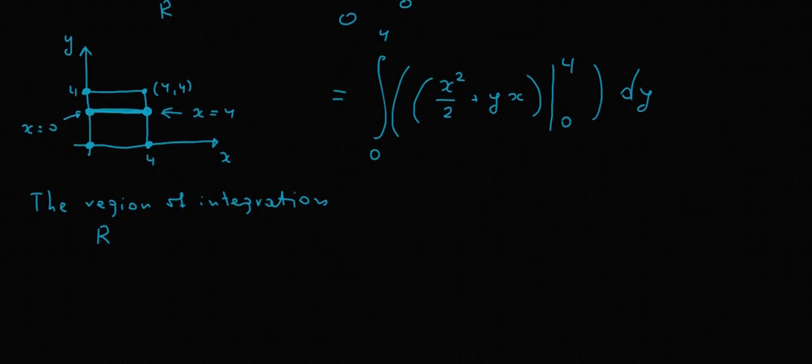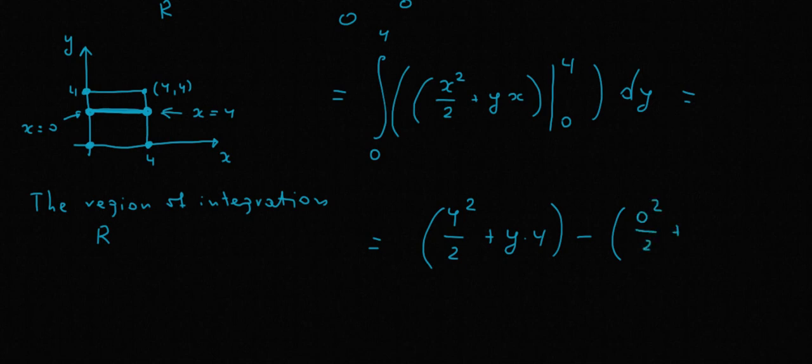So let's see what we get when we evaluate the antiderivative x squared over 2 plus yx at the endpoints. If I substitute x equals 4, I get 4 squared over 2 plus y multiplied by 4. I have to subtract what I get by substituting 0 for x: 0 squared over 2 plus y times 0.